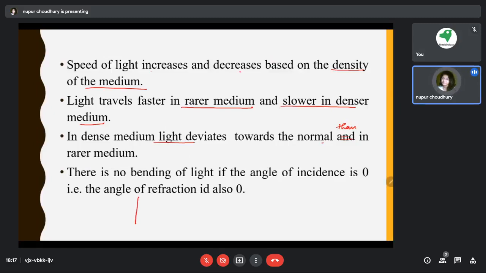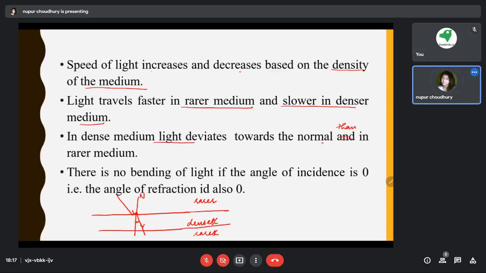So if we have two mediums, suppose this is the rarer medium and this is the denser medium. Now this is the normal that we have, and this is the ray of light which is incident at this particular point. If it is a denser medium, it will be refracted, but it will be closer to the normal as compared to, suppose I have another medium here which is a rarer medium.